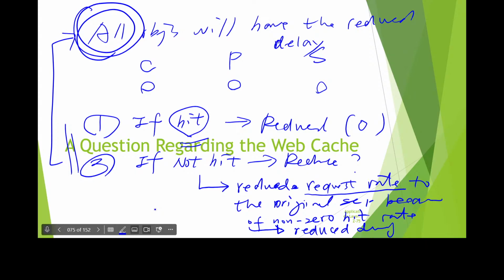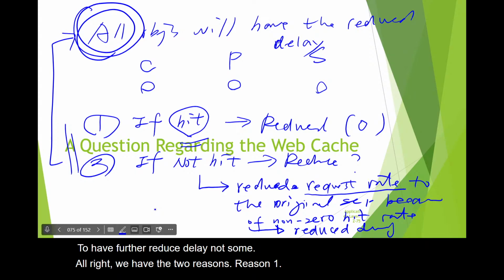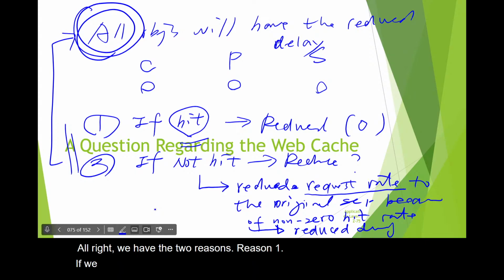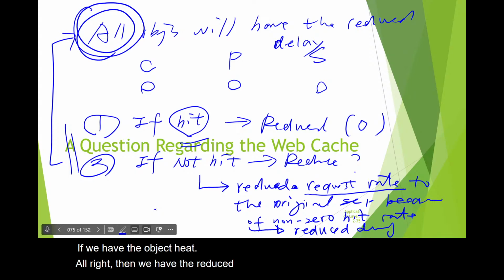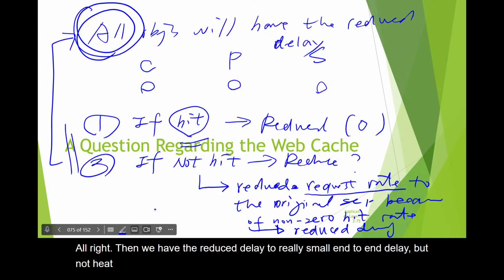Okay, so time's up. Let me emphasize, we have all objects to have the reduced delay, not some. All right. We have the two reasons. Reason one, if we have the object hit, then we have the reduced delay to really small end-to-end delay. But not hit, why can we still reduce the delay?